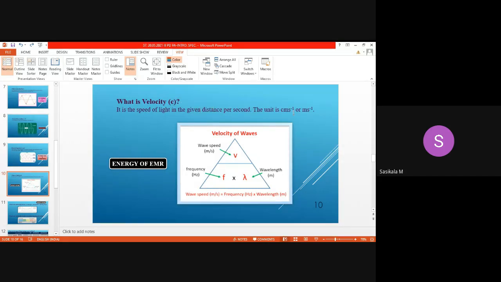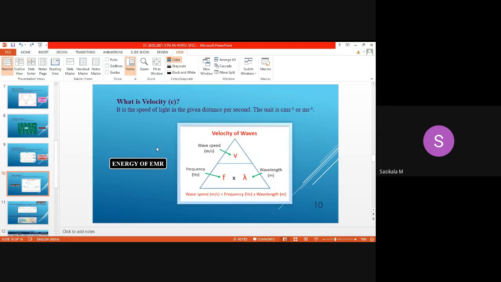So the unit is composed of both distance and time: centimeter per second, meter per second, likewise. The speed of light in the given distance per second is called velocity.